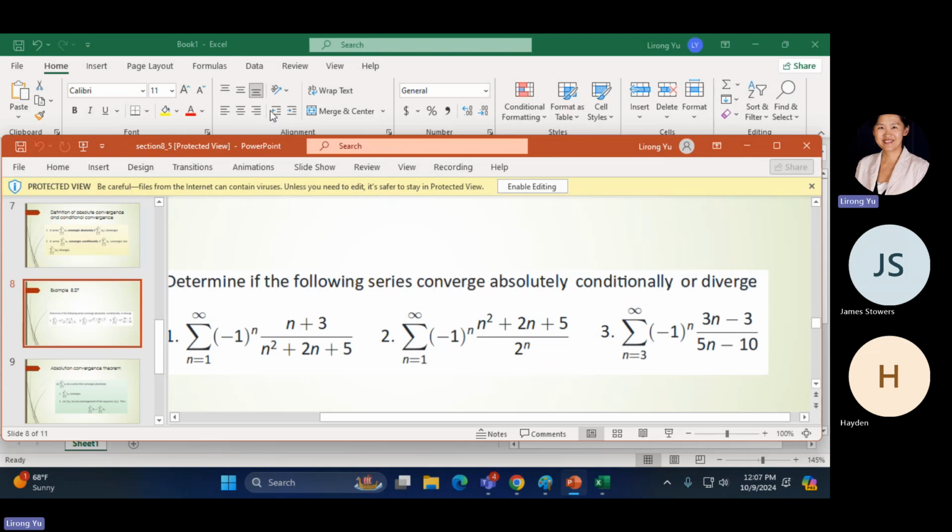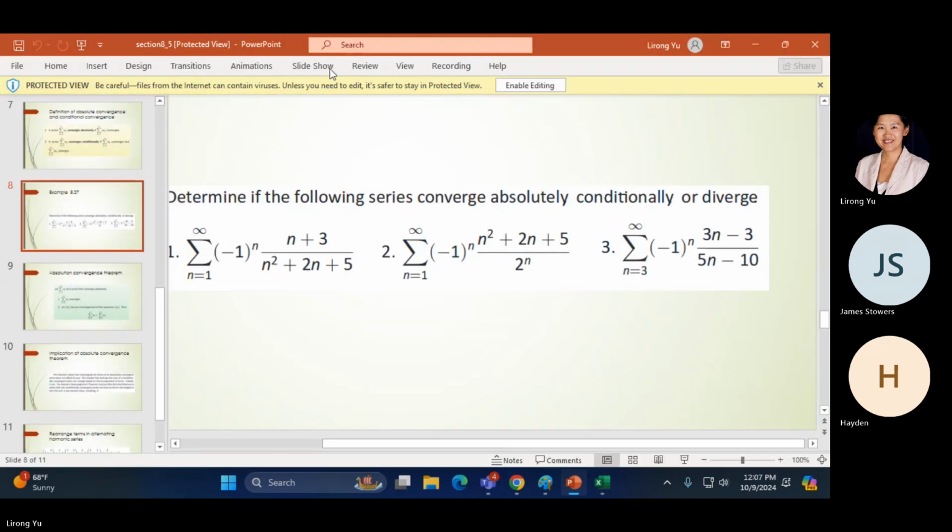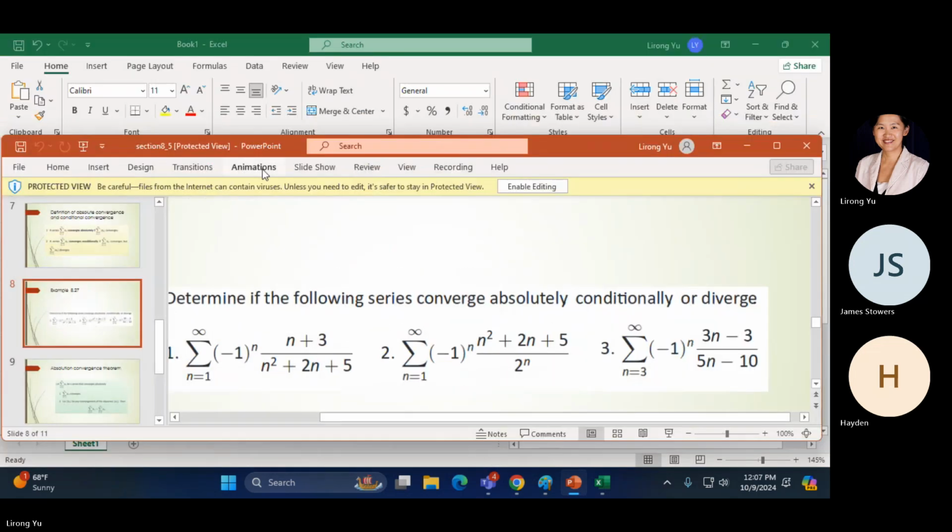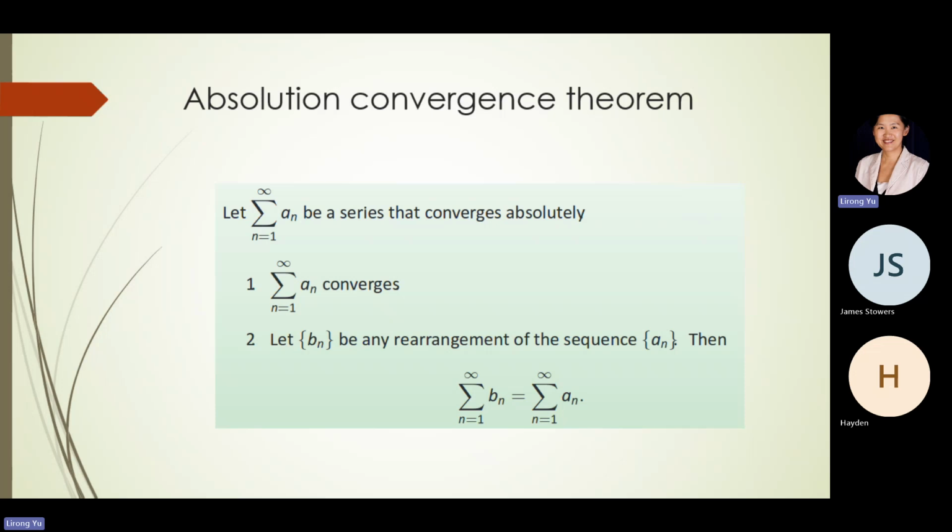So this is applying that idea. All right, the absolute convergence theorem says: suppose a_n is a series that converges absolutely. Converging absolutely is actually a very high requirement, so it has these two consequences.